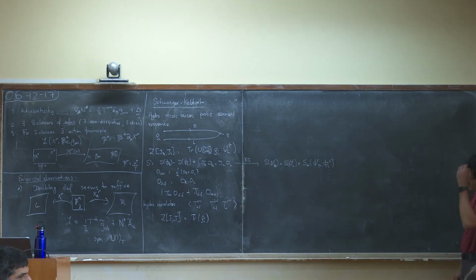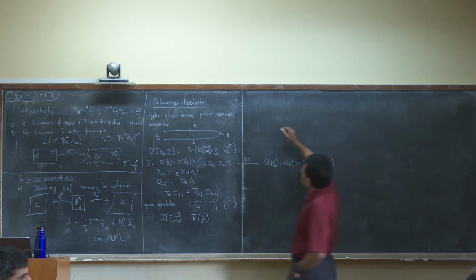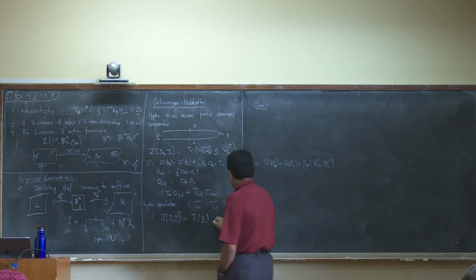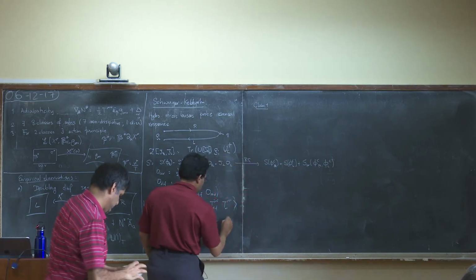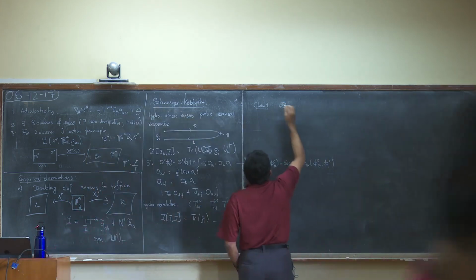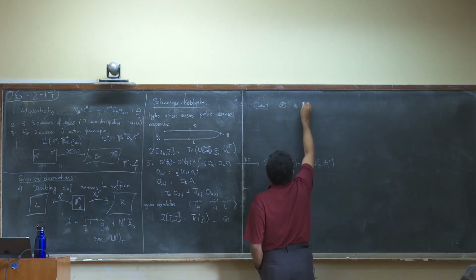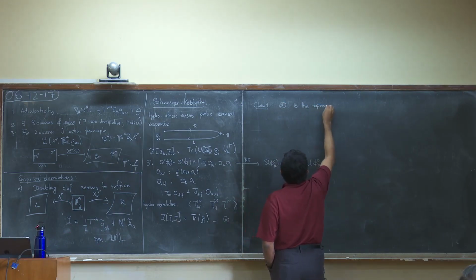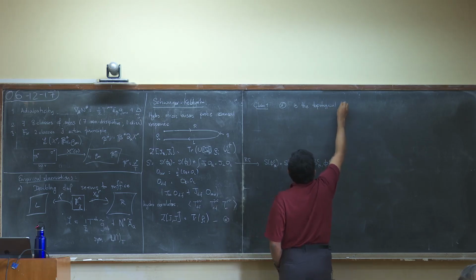Good. Okay. So now I'm going to make a series of claims. So I'm going to call this star. I'm going to call this the topological limit of the Schwinger-Keldysh functional integral.